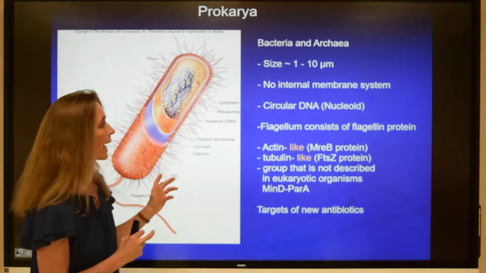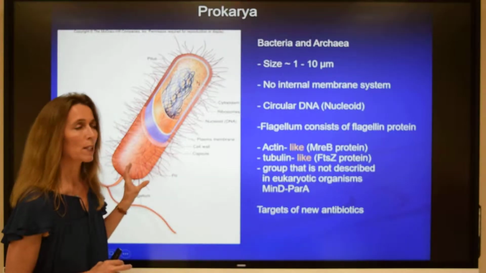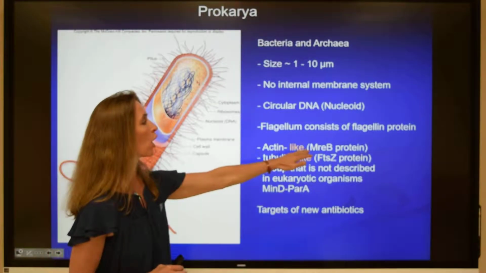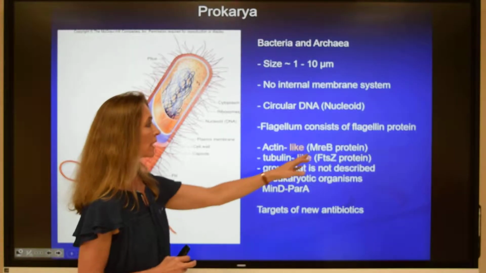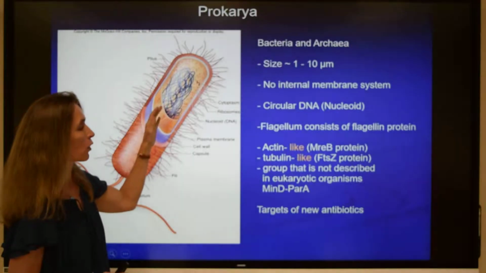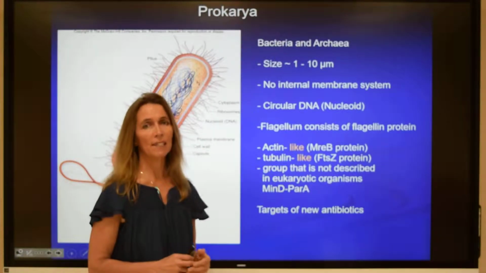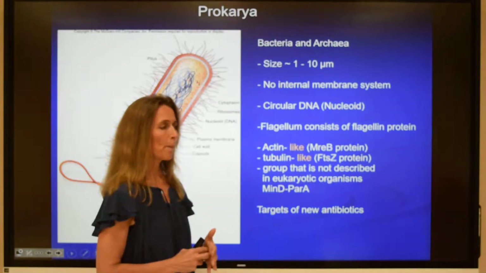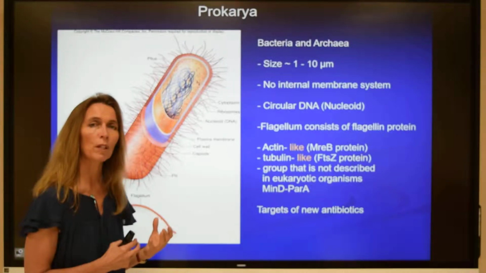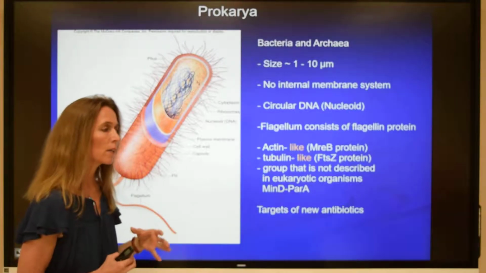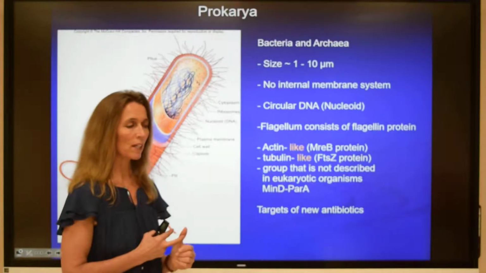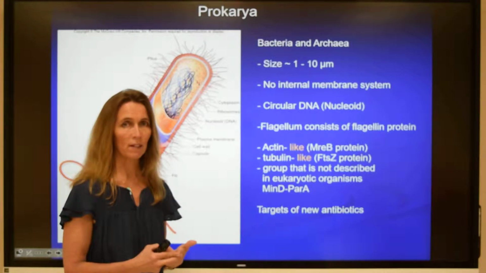Prokaryotic organisms do have actin-like filaments, which are called MreB proteins, and they also have tubulin-like cytoskeletal components, which are called FtsZ proteins. What we will learn is that these cytoskeletal components are critically important in prokarya for division of the cells and also for metabolic processes.